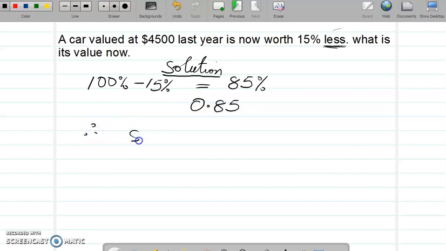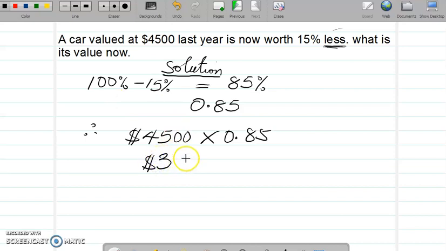So we multiply 4,500 by 0.85, and that gives us $3,825. So this gives us the answer if we are asked to find the less. So this is the amount now.